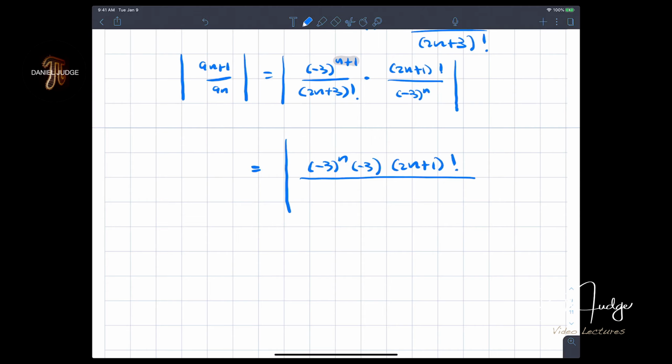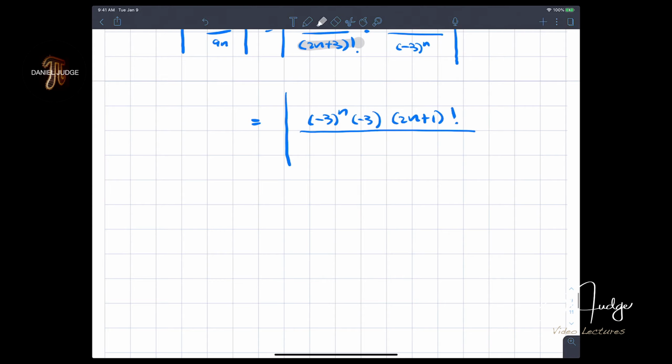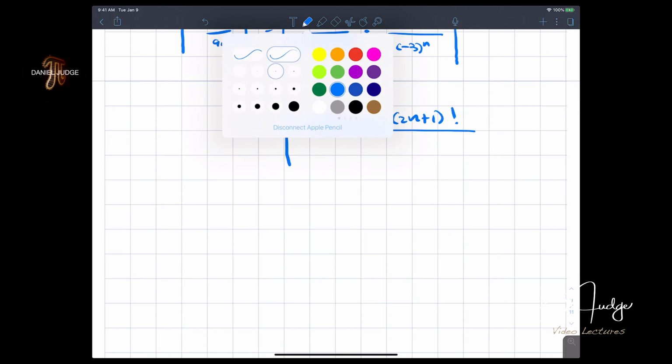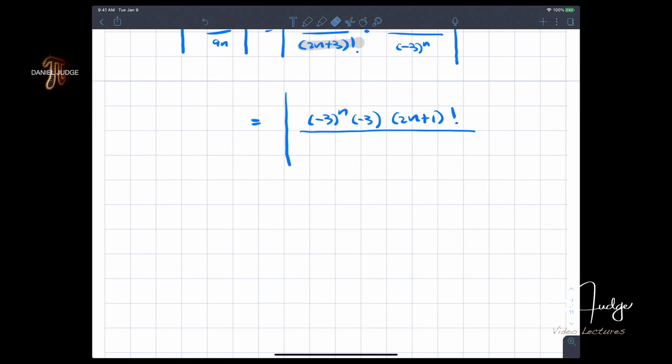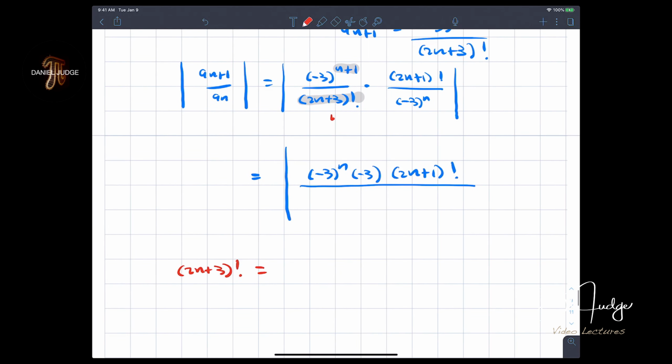Let me focus at the moment on this (2n plus 3) factorial. I'm going to put this down here. This factorial is larger than this factorial, (2n plus 1) factorial.